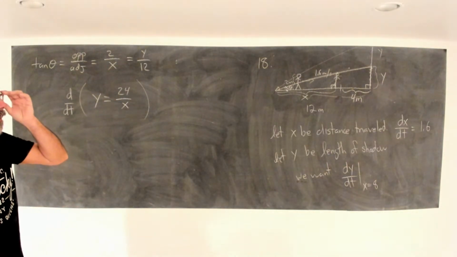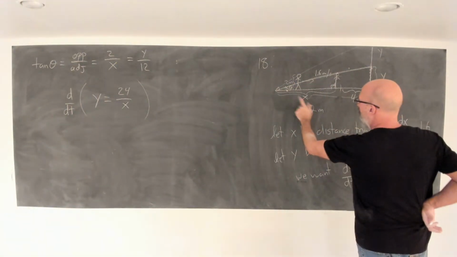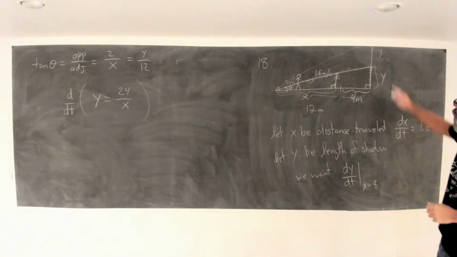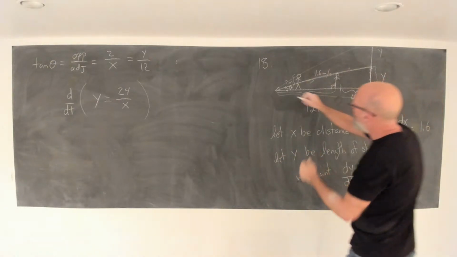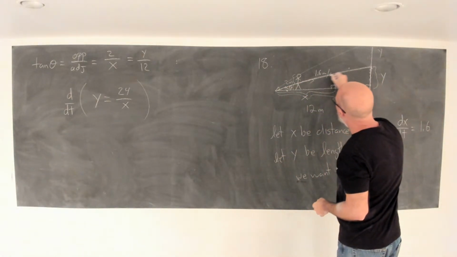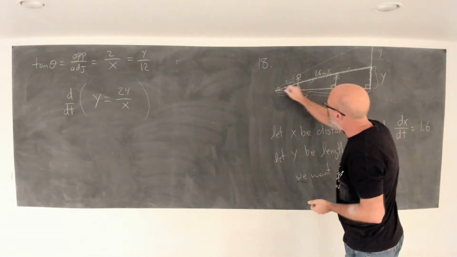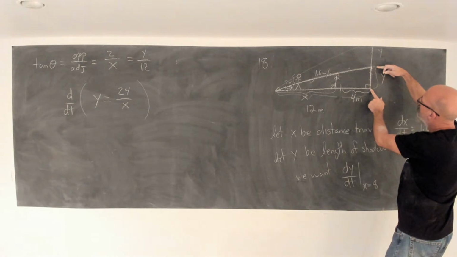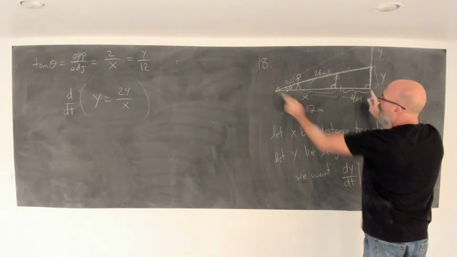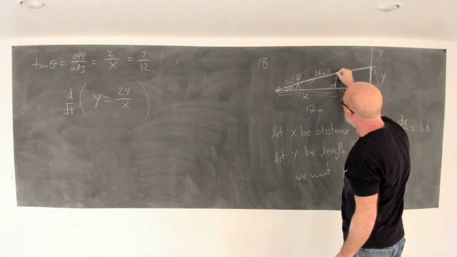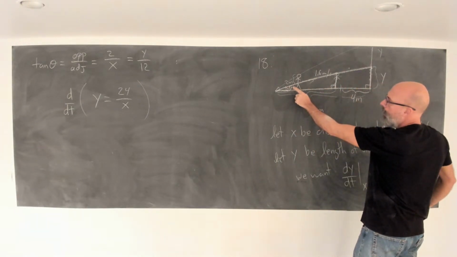We've labeled certain variables, x being the position of the man, y being the length of the shadow. The tangent part: you recognize that you have 2 right angle triangles. This big one right here, where this is the length of the shadow, labeled by y, and this is 12, that was given. But you also have this smaller triangle, still with the same angle theta.